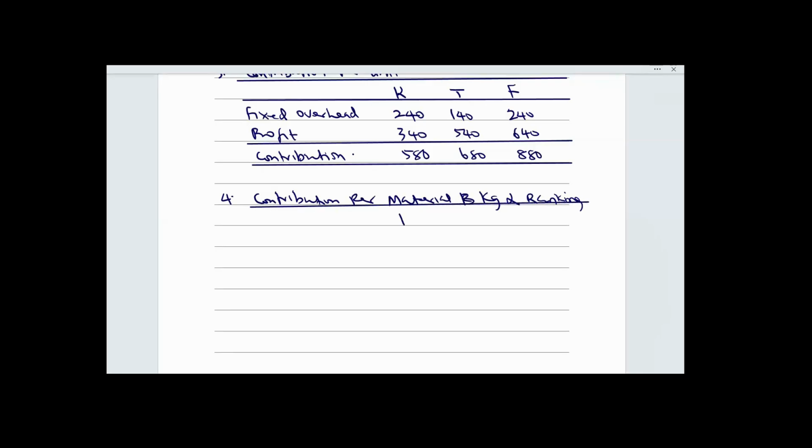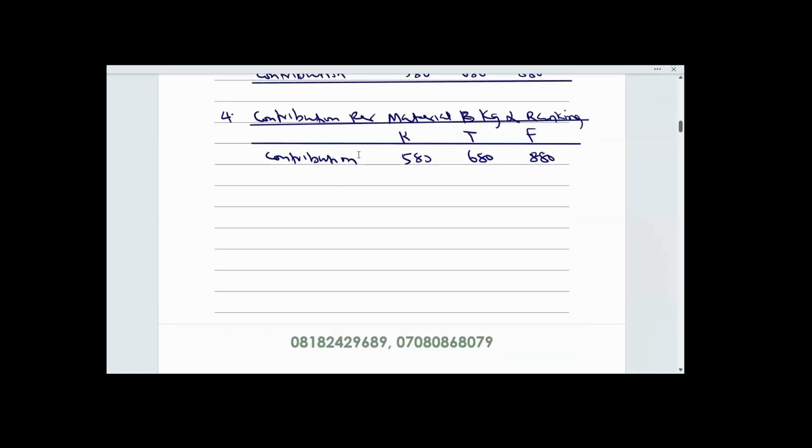So we have products K, T, F. So the first item here will be the contribution. We have calculated contribution to be 580, 680, 880. Then we have also calculated material B kilogram to be 4, 6, 5.